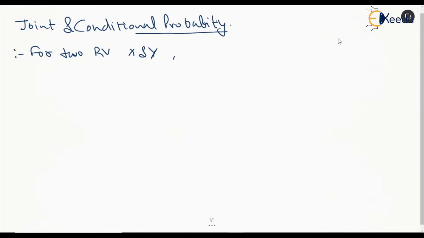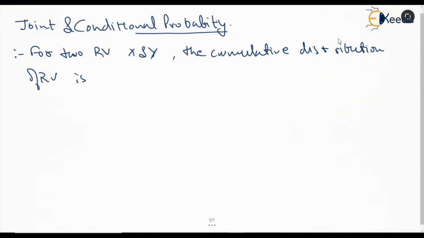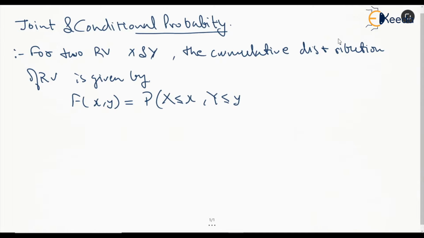the cumulative distribution of the random variable is given by F of x, y as probability for all X less than or equal to x and for all Y less than or equal to y.